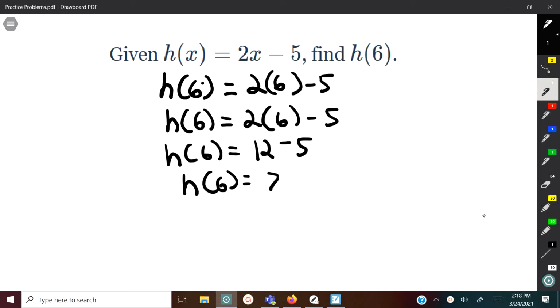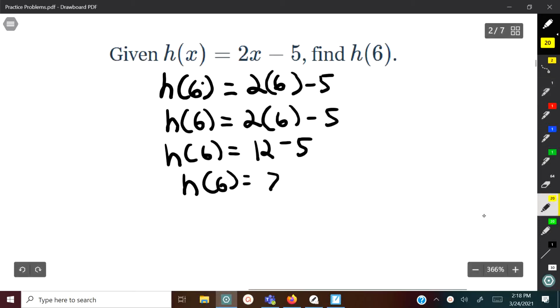You plug in 6 for x here, and then just solve. 2 times 6 is 12, and 12 minus 5 is 7. And that's it. That's evaluating functions level 1.